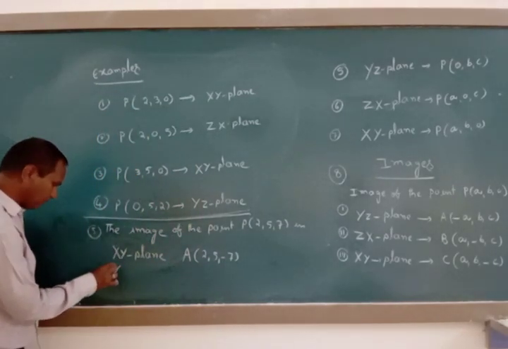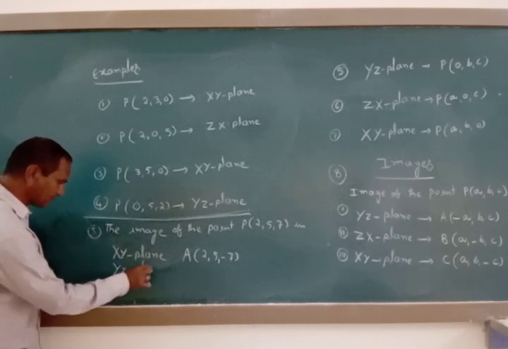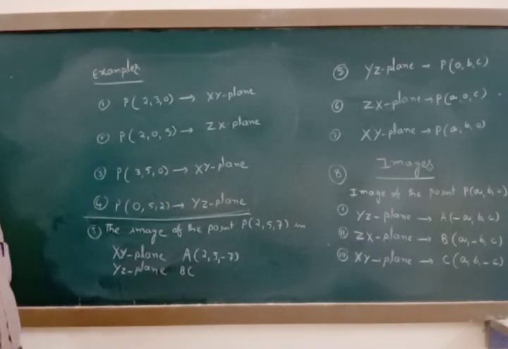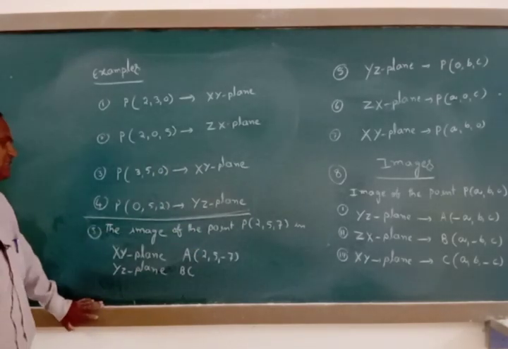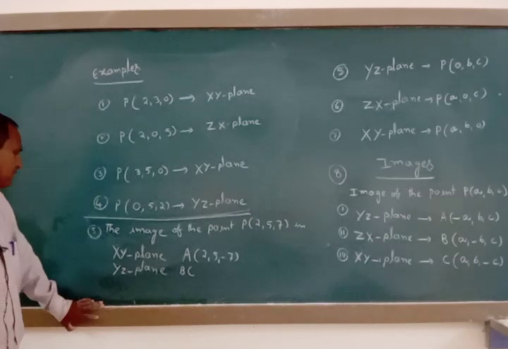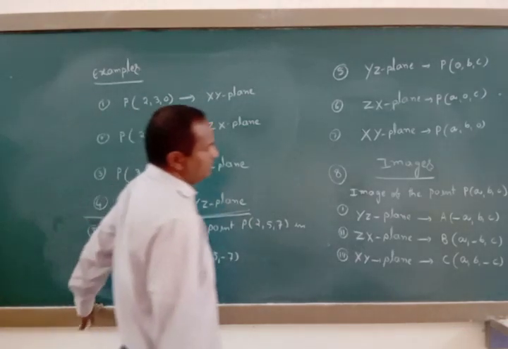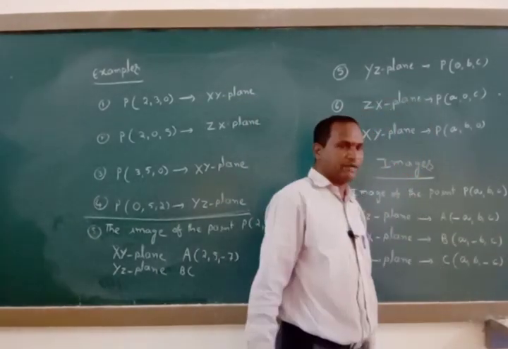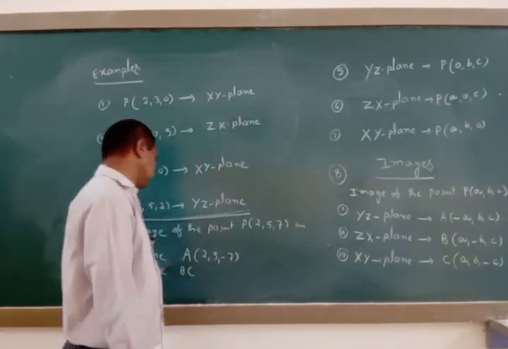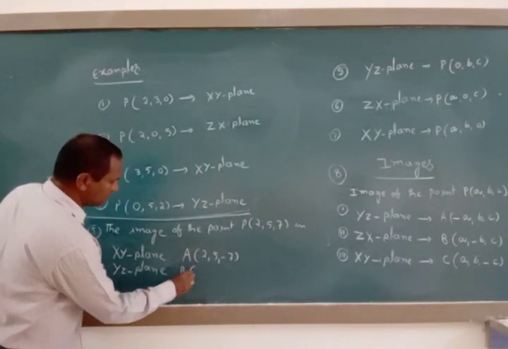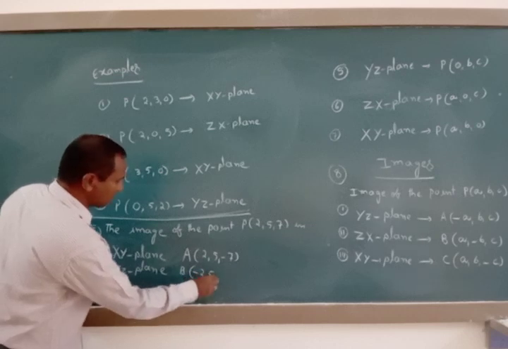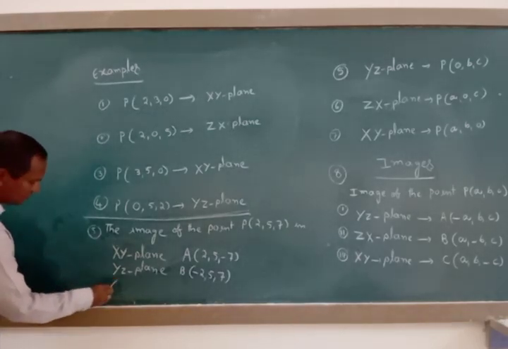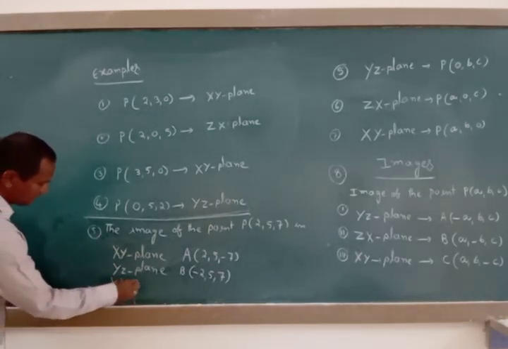Otherwise, if they ask for the YZ plane, how can we write the image of the point P(2, 5, 7) in the YZ plane? In the YZ plane, the formula for the image of the point P(a, b, c) is (-a, b, c). That becomes (-2, 5, 7).